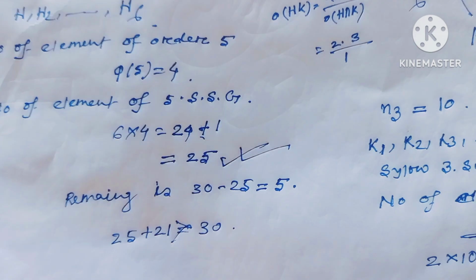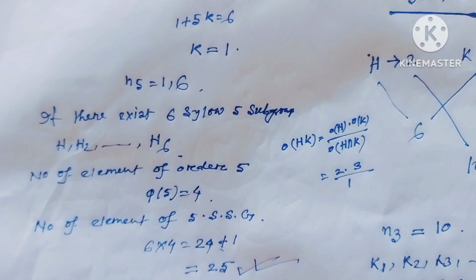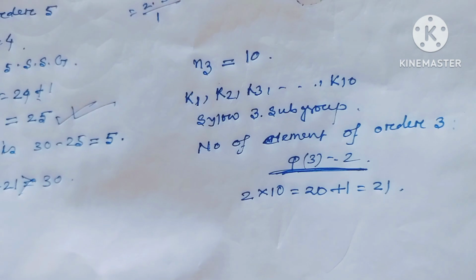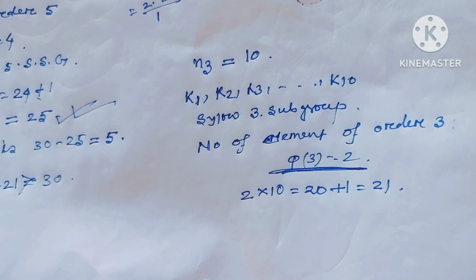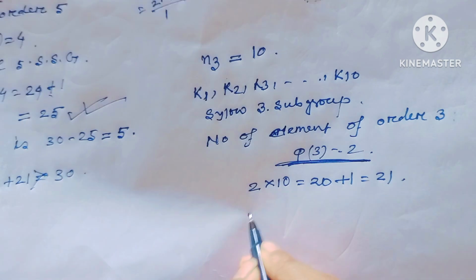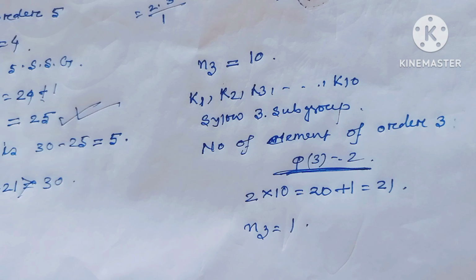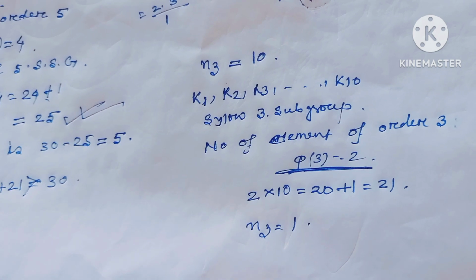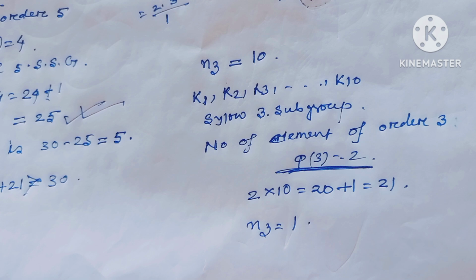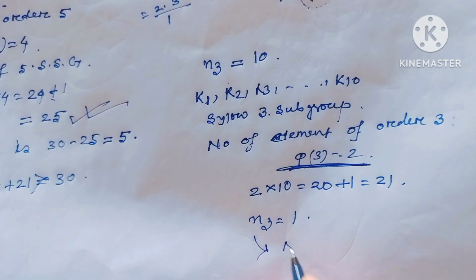So if we consider the number of Sylow 5 subgroups is 6, then the number of Sylow 3 subgroups being 10 is not possible. Then the number of Sylow 3 subgroups would always be 1. And all of us know, when the number of Sylow 3 subgroups is 1, then this subgroup would always be normal.